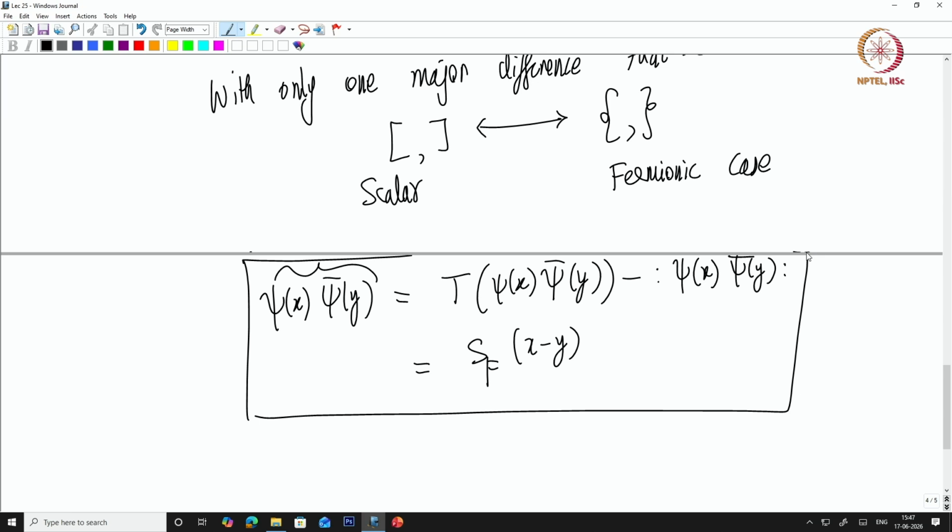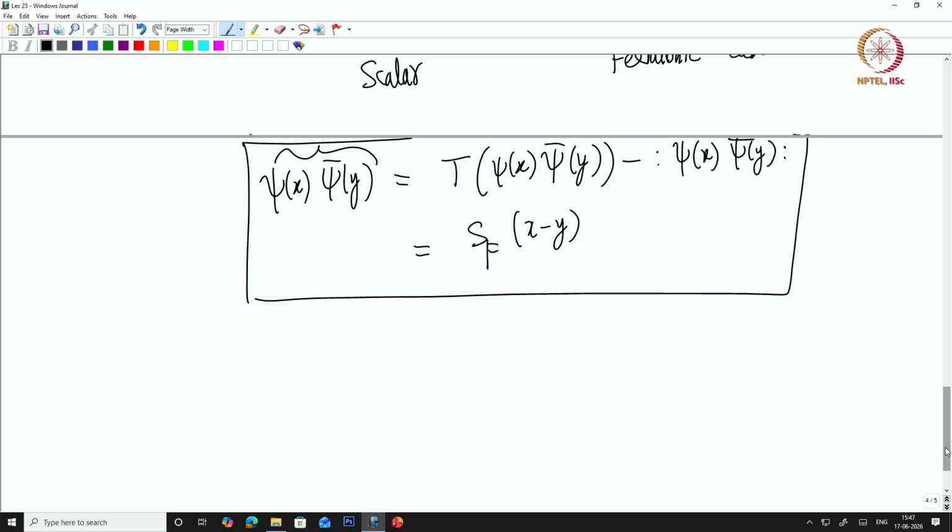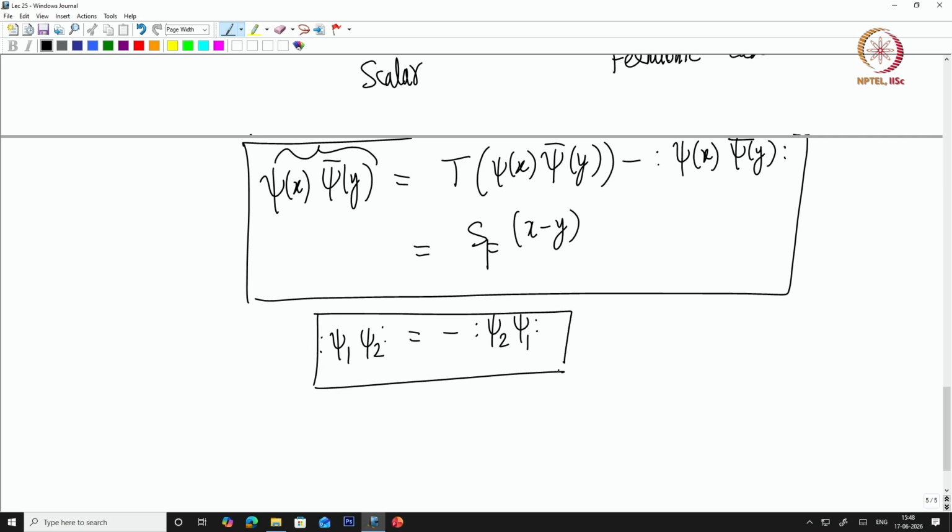Now, one thing you should remember is that the normal ordering will always pick up a minus sign if you interchange the fermions. So we have normal ordering of psi 1 psi 2 is equal to minus normal ordering of psi 2 psi 1. Because you are interchanging two fermions, you will always pick up this minus sign.